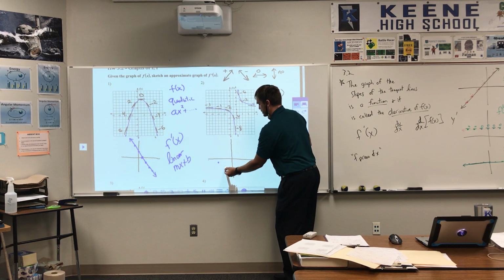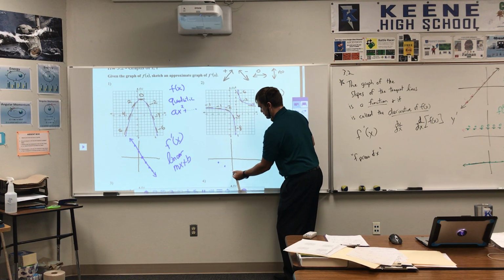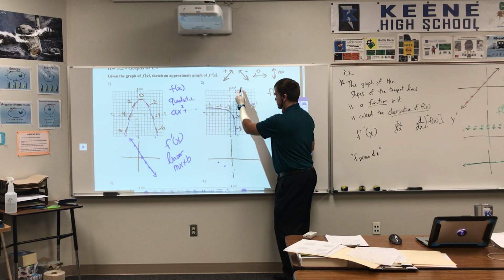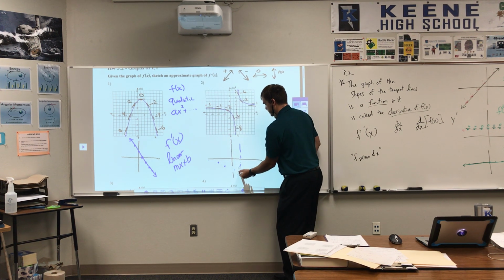Right here I'm at about negative 2. Then over here I'm at negative 4. I accidentally put another dot right there. And then I'm at negative 8. There's an asymptote on that one, so there's going to be an asymptote on the derivative as well.